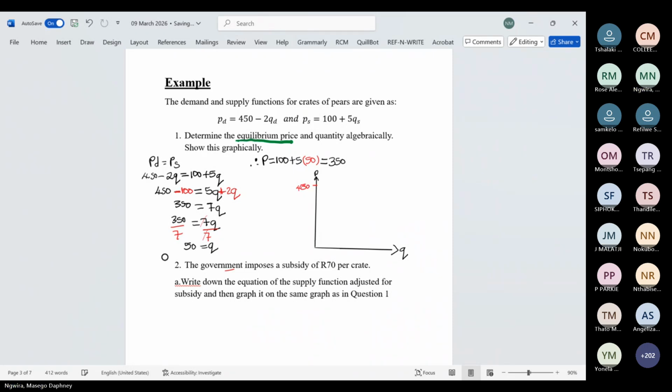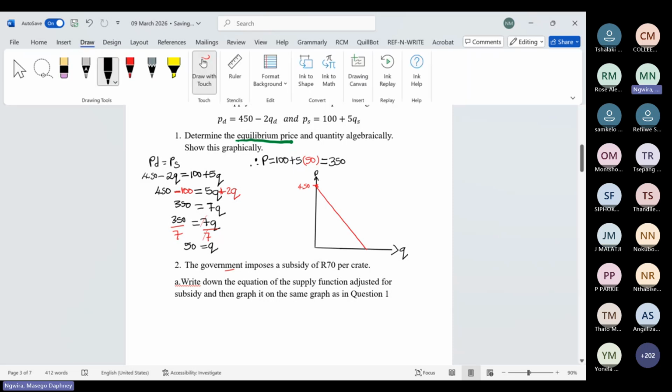That's where your graph starts, and then you draw a line going down. You won't be asked to draw the graph. I repeat, you won't be asked to draw the graph.